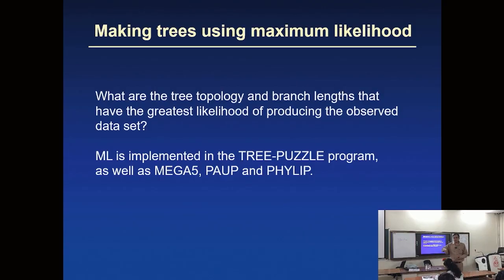You remember you computed probability of sequence given model, the Markov model? This is the same thing. You compute it given a tree, meaning tree topology and branch length. Compute the probability of the data given that tree. I am not going to go into detail of that, but that will give you the maximum likelihood tree.